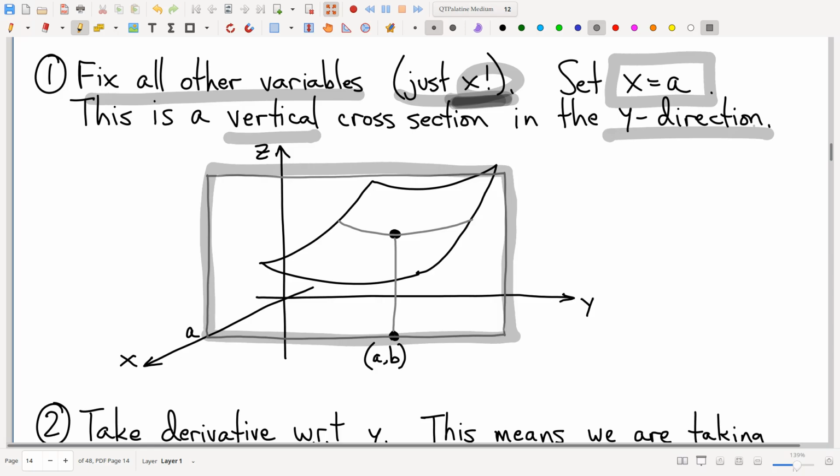Now, this is confusing. It's easy to kind of get it backwards. Again, I urge you, please don't make semantic conclusions. It's easy to look at this and be like, oh, okay, so the variable x, this must be in the x direction. Nope. Just look at the picture.